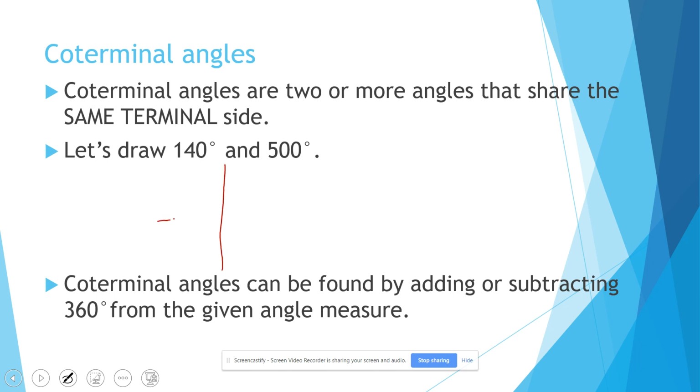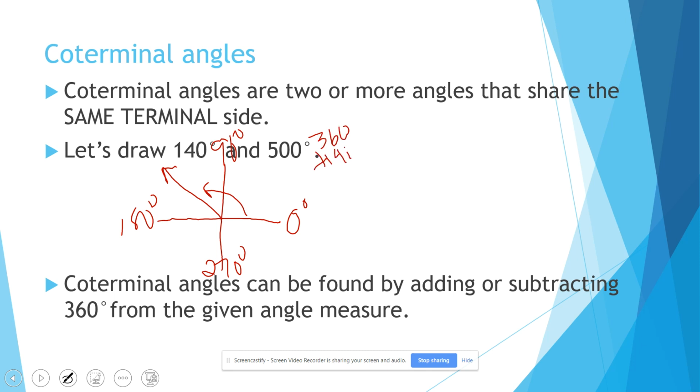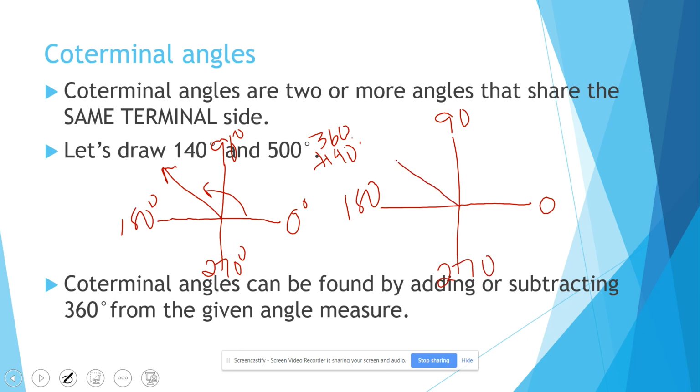So if I draw positive 140 degrees, so 0, 90, 180, 270, 140 is about right here. And then again, the 500 that we drew before was 360 plus another 140 degrees after. So 0, 90, 180, 270 with our terminal side.